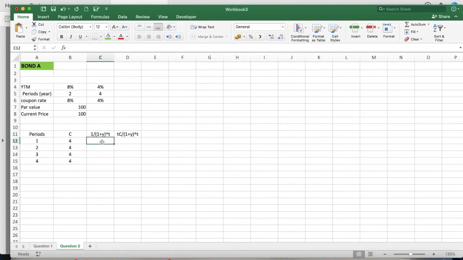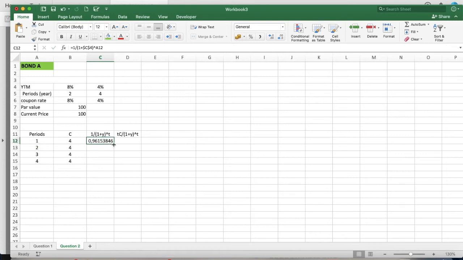Now the present value factor is equal to 1 divided by 1 plus the yield to maturity 4%, power the number of periods. Remember, because the yield to maturity is constant, we should add the $ sign in the formula.